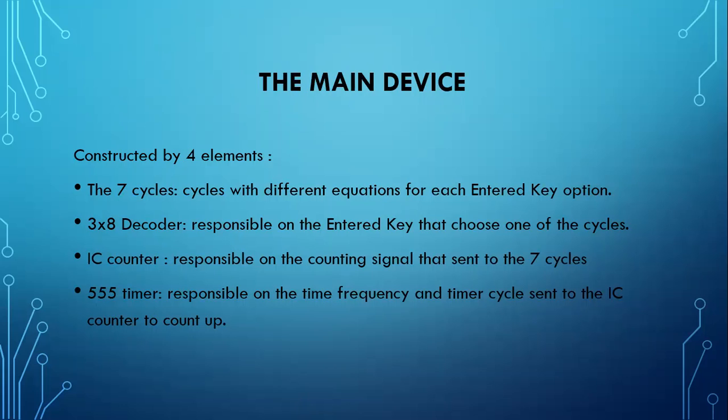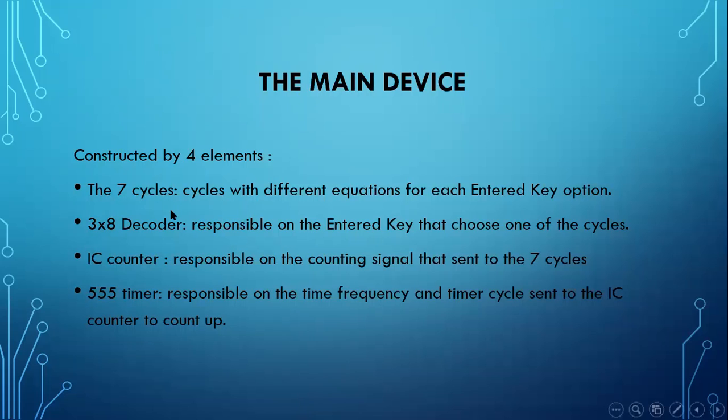So the enter key has 7 possibilities, and each possibility, each cycle, has an equation inside it, using the mathematical part, which is explained in detail in the report. That's why we call them the seven cycles.